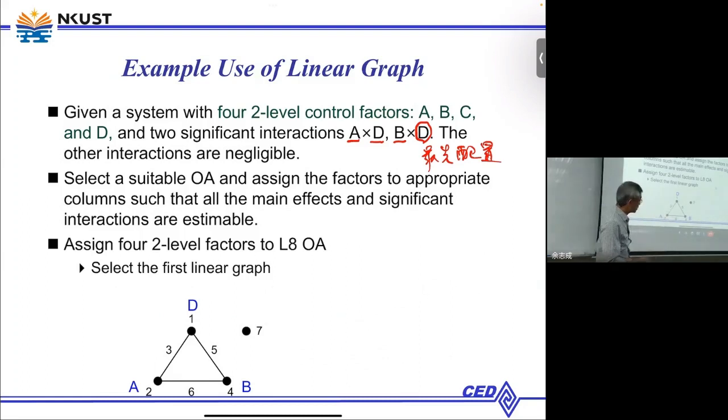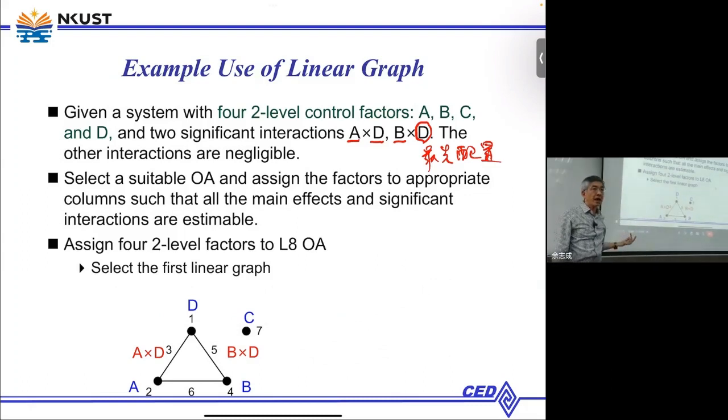So in this arrangement, we can make sure the AD interaction and BD interaction can be estimated, because no main effect is confounded with column 3 and column 5. What's next? A, B, C, D. I already assigned A, B, D. Now I need to assign factor C. There is only one dot left. Certainly, I assign factor C to column 7.